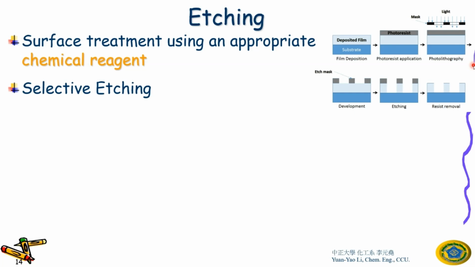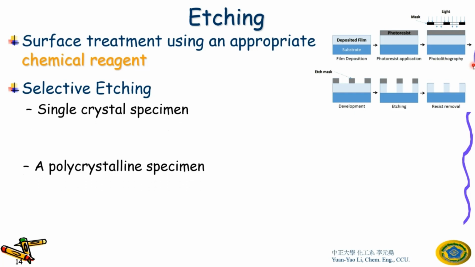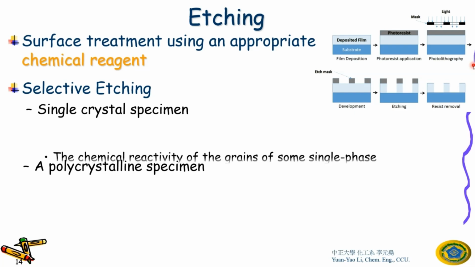Especially for etching, you have certain chemicals that can selectively etch the surface. There are two types. If you have a single crystal specimen, the chemical might prefer to go into certain planes like 100 or 111 or 110. For the single crystal specimen and also for the polycrystalline specimen, etching has a different process.